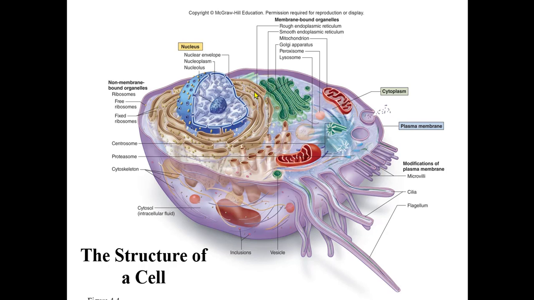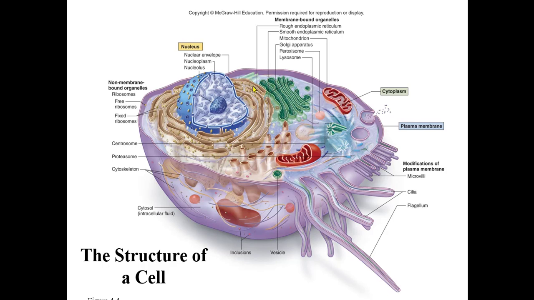Now there's a catch. You will see that there's two kinds of ribosomes. I mentioned a moment ago that rough ER has bound ribosomes, but then there's a separate entry here that says free versus fixed. That's what they're describing here. The fixed ribosomes are the ones that are stuck to the rough ER. That's why you see these labeled as fixed, but they're really part of the rough ER. Now what is the difference?